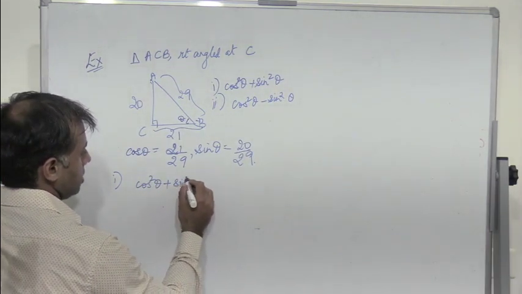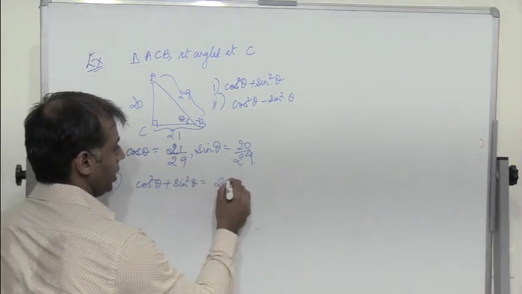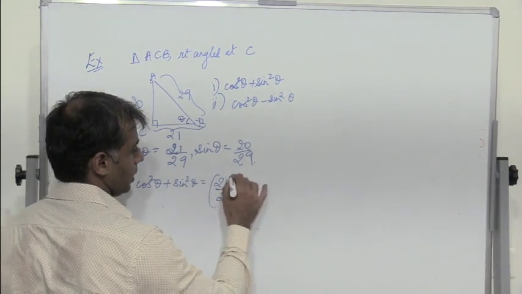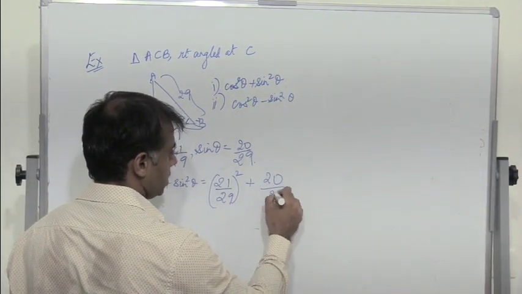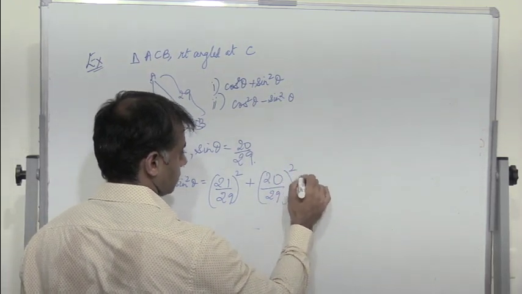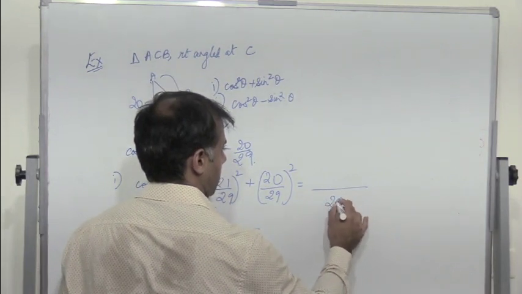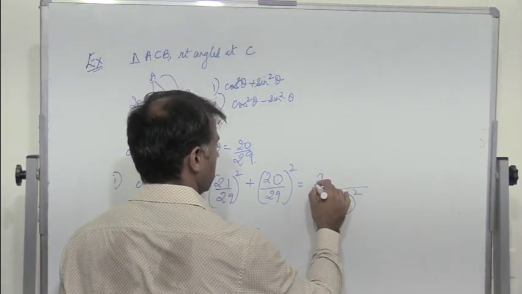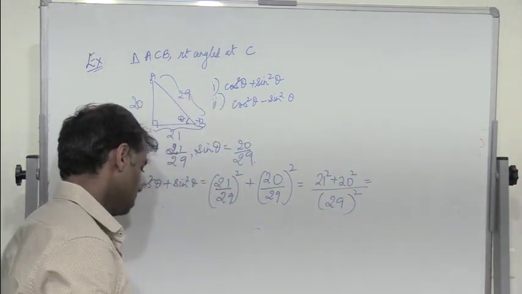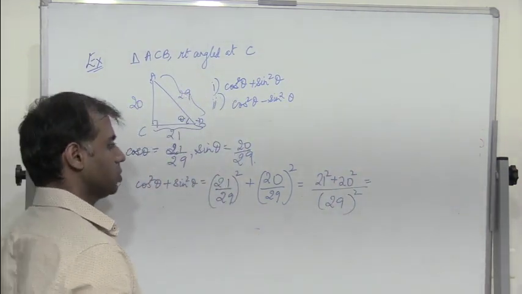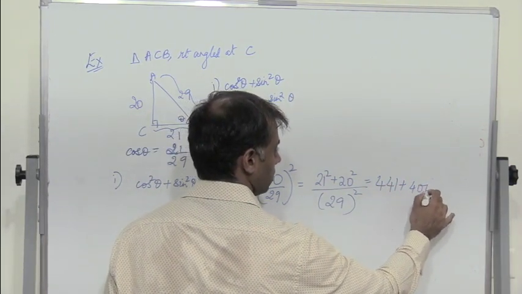plus sin square theta. So what do I get? So we get 21 by 29 the whole square plus 20 by 29 the whole square. So denominator is common. So 29 square, 21 square plus 20 square. So what is 21 square? 21 square is 441. 20 square is 400.